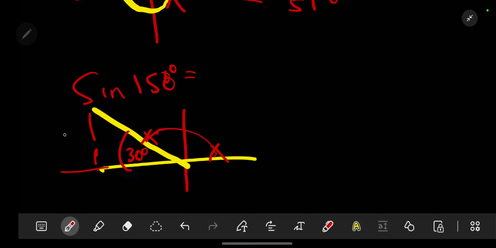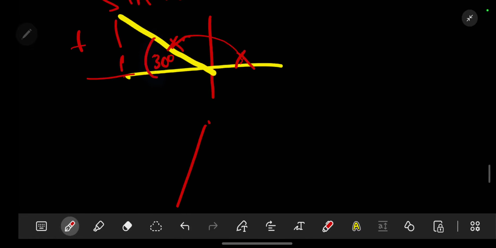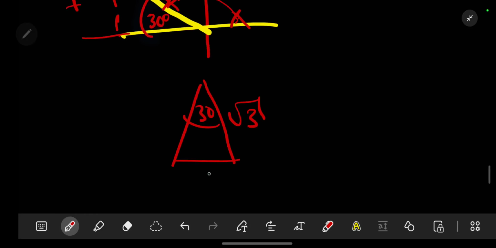Now sine is positive in the second quadrant, so this is also equal to the sine of 30 degrees. Using that knowledge, we can find the value. For the sine of 30 using the special triangle, remember, as long as you are dealing with 30, this side is the root of 3. This one will be your 1, this one will be your 2.